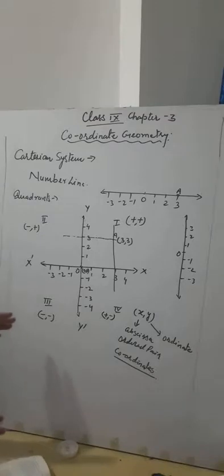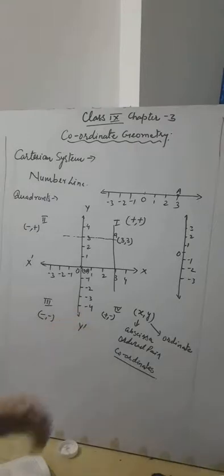If the coordinates are negative, means minus minus, it will lie on the third quadrant. If abscissa is positive and ordinate is negative, the point will lie on the fourth quadrant.